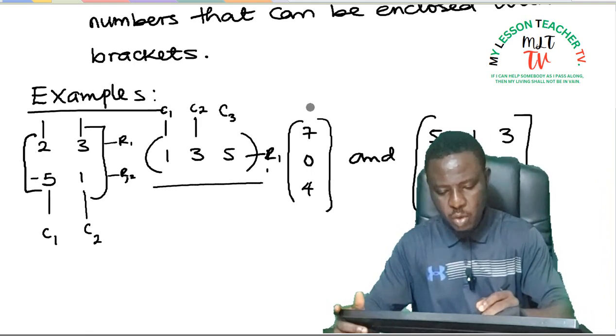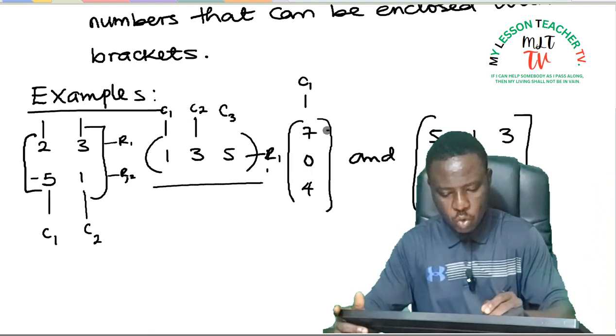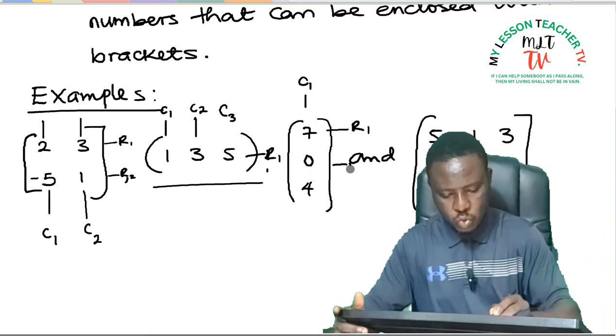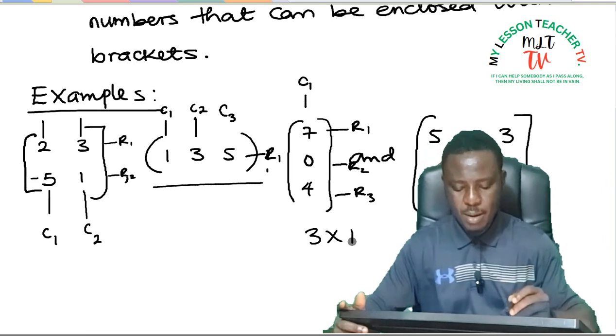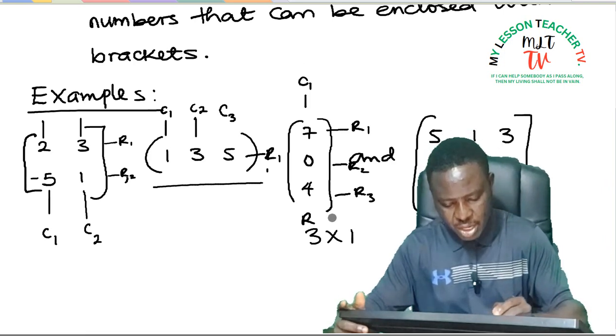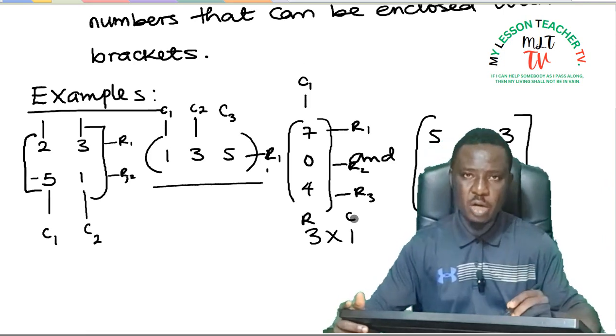This contains only 1 column and 3 rows. This is row 1, this is row 2, and this is row 3. So this is said to be a 3 by 1 matrix because it contains 3 rows and 1 column.